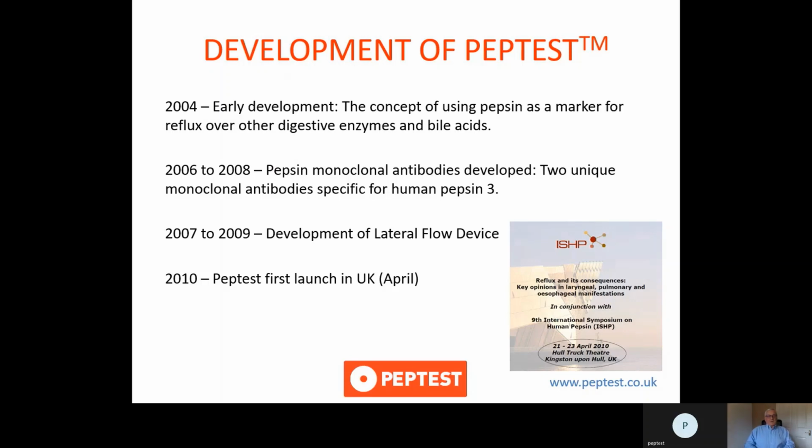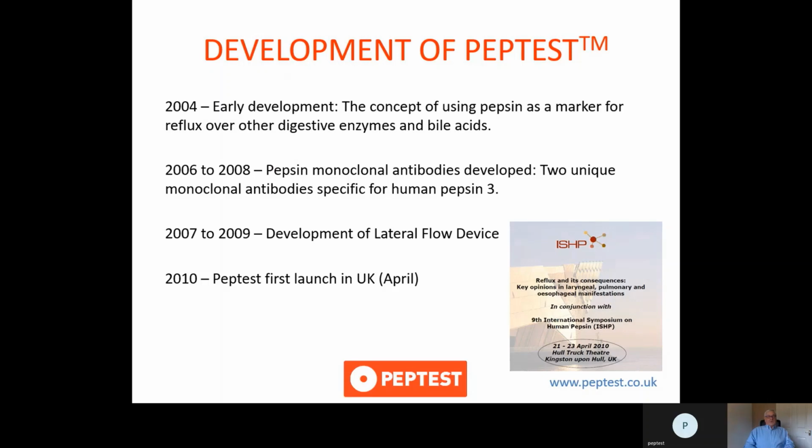Now, we developed pepsin monoclonal antibodies, which is absolutely key to PEPTEST. We identified and developed two very unique human monoclonal antibody species. These we developed to human pepsin 3, which I showed you earlier, which is about 80% of the total pepsin which you find in human gastric juice.